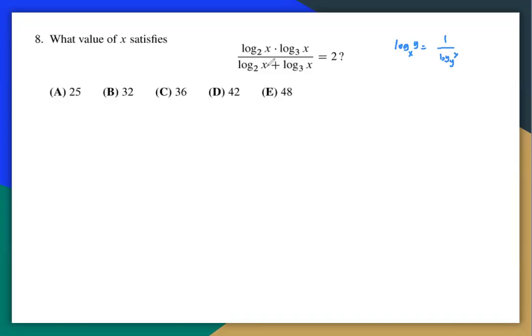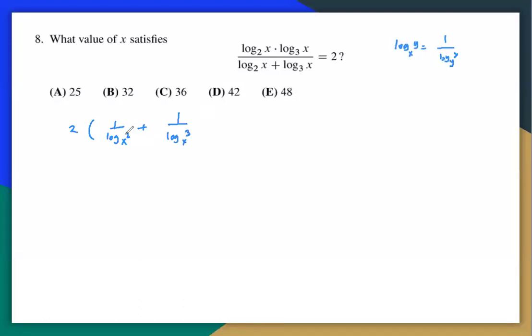Because they all have the same arguments, it might be better that way. So for this one, let's do cross multiplication as well. So that should be 2 times, and this expression would be 1 over log base x of 2 plus 1 over log base x of 3.